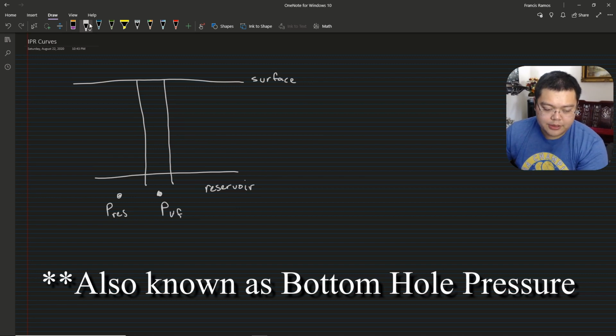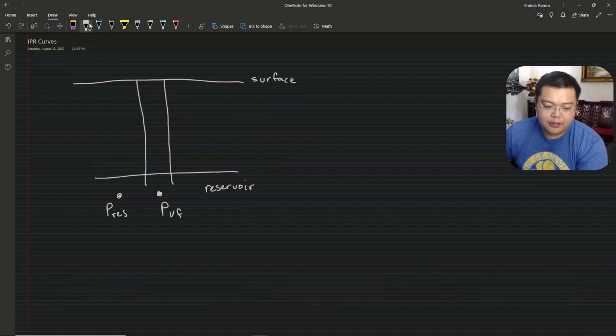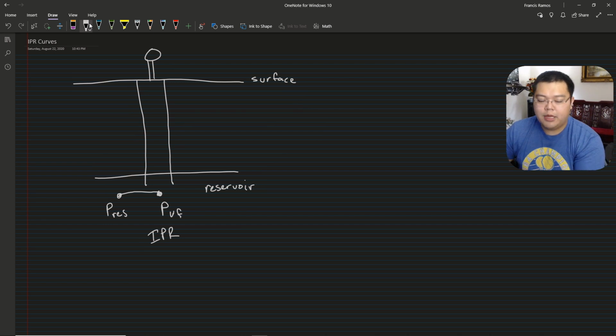So you can say for movement, like plumbing, your pressure drop will have to be from your reservoir to your wellbore. Then up here, you have your wellhead, which we will call PWH.